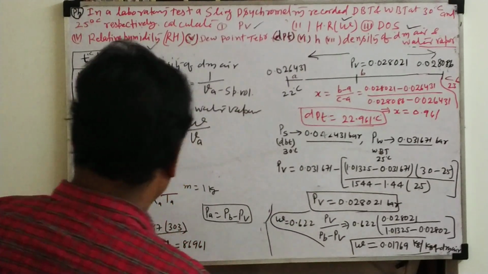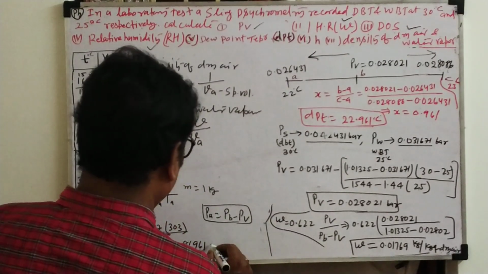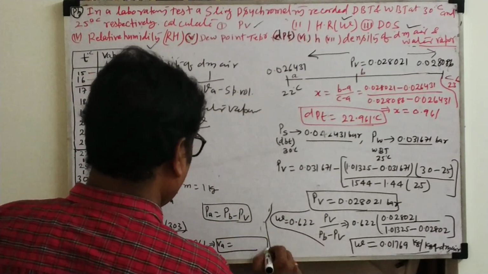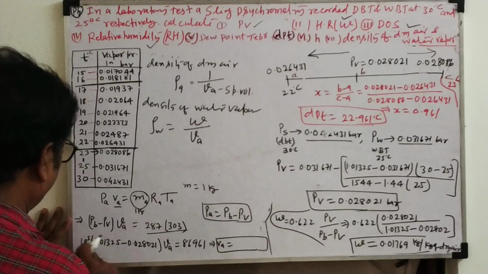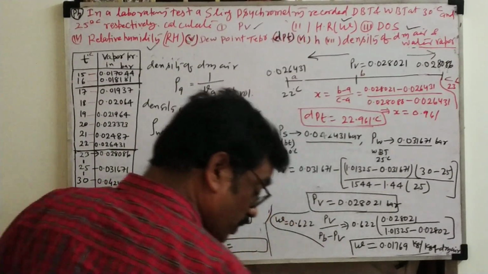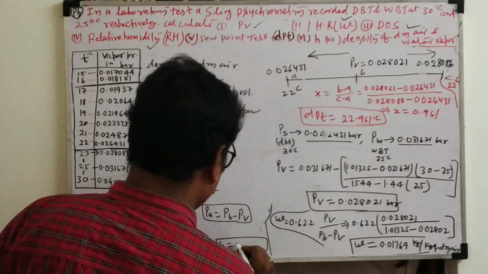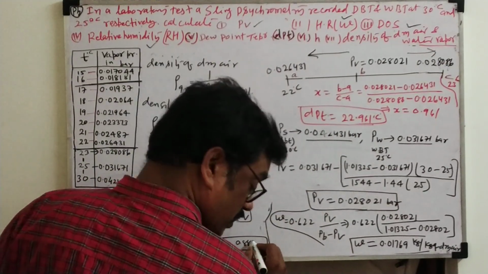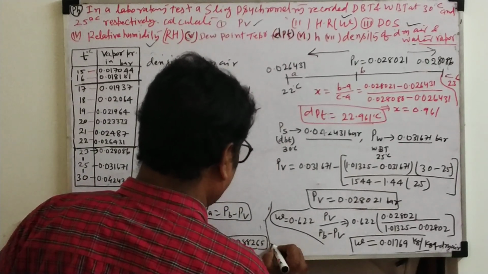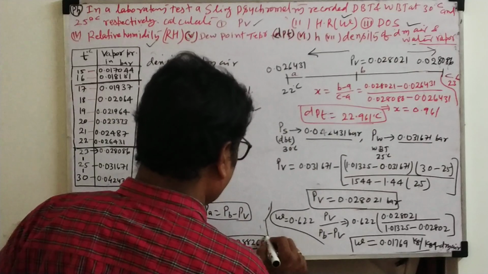Now the VA value: subtract, multiply by 10 power 5, and divide. This VA value we got is 0.88265 meter cube per kg.